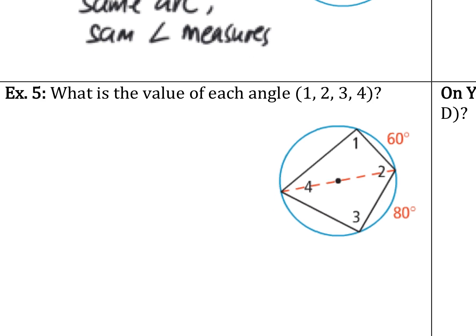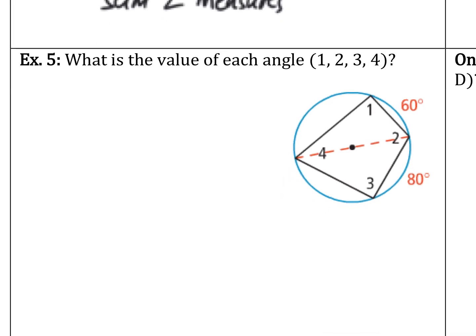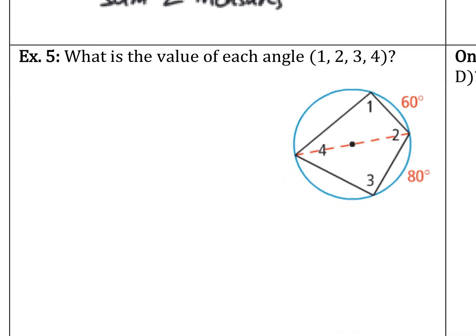Okay, let's go for number 5. This is a theorem on quadrilaterals. Let's see what is given in here. I can see the red dotted line is actually a diameter, and this is going to create two semicircles. The first semicircle is on this side.